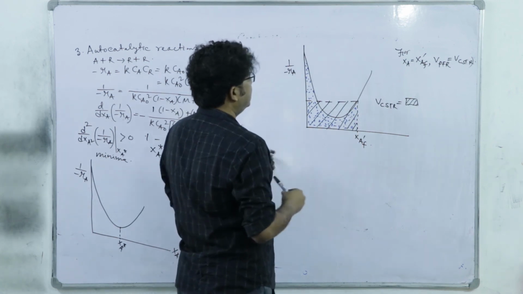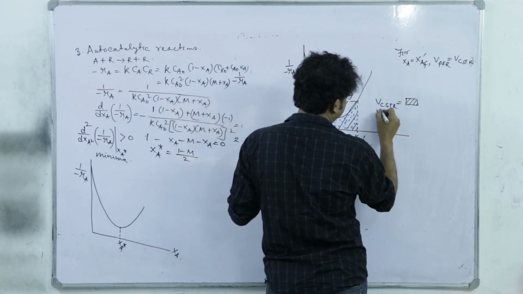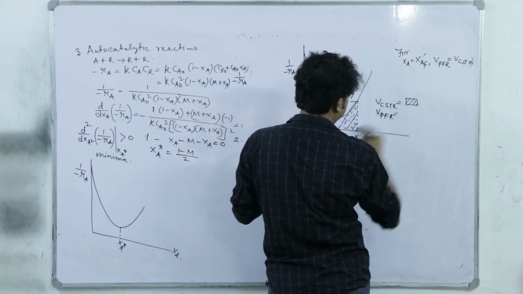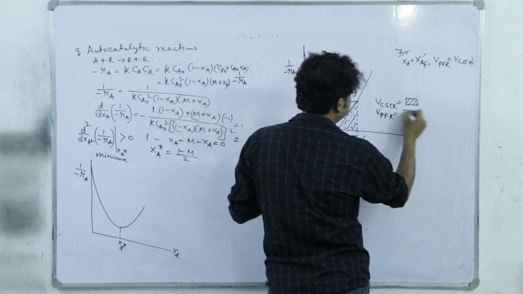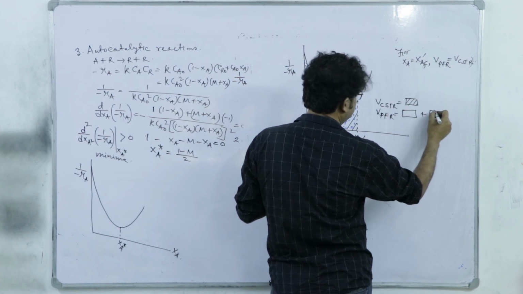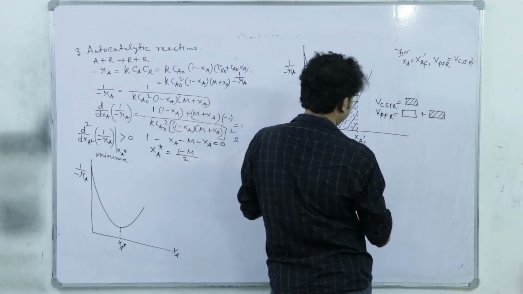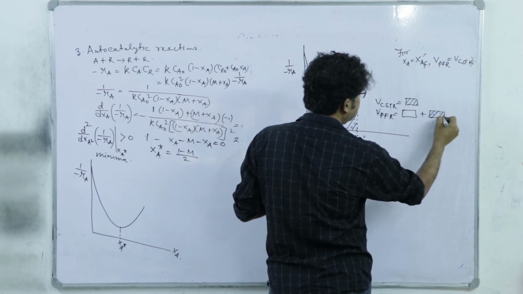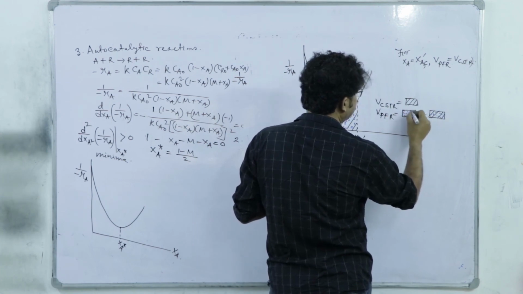So we can write that V PFR is equal to this plus this one, there will be a hatch and dot, another is dot only.